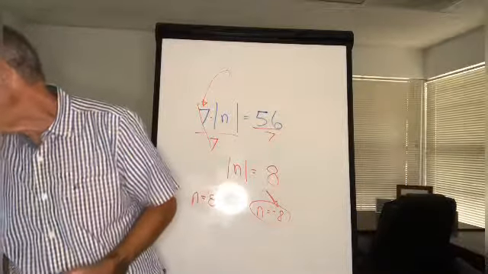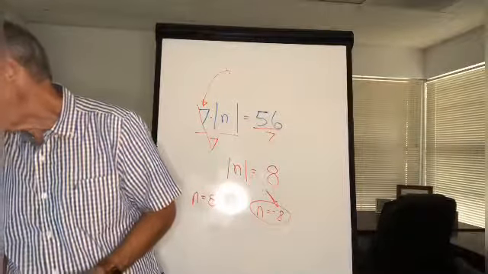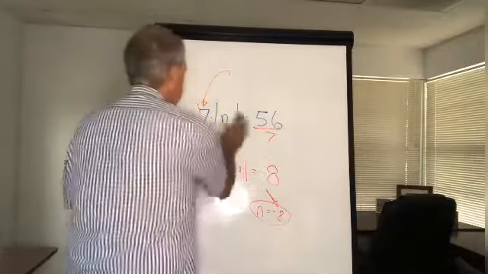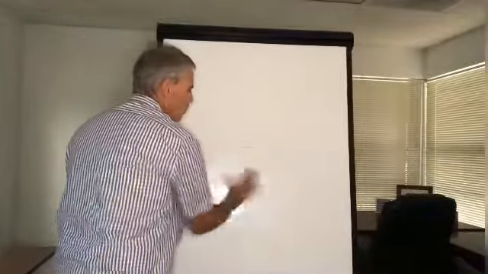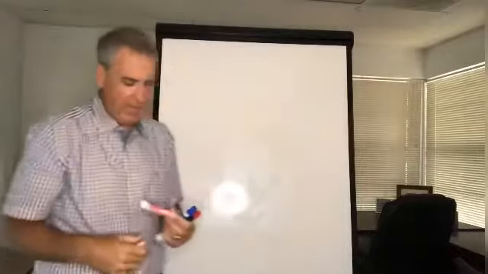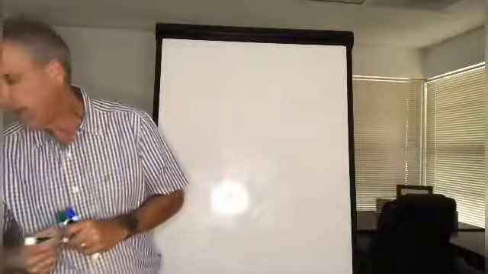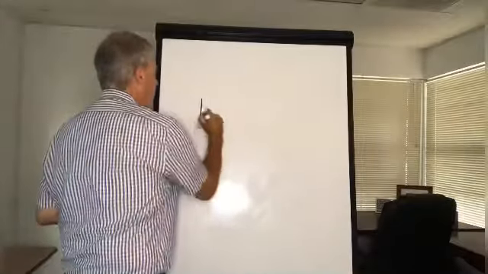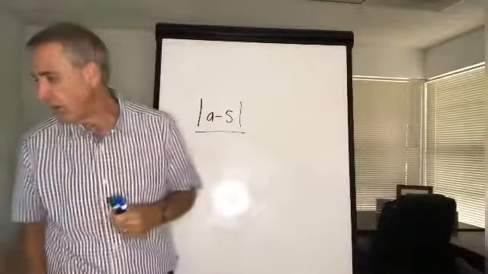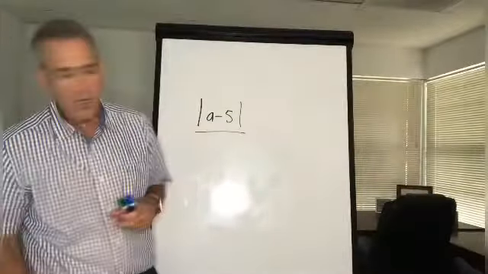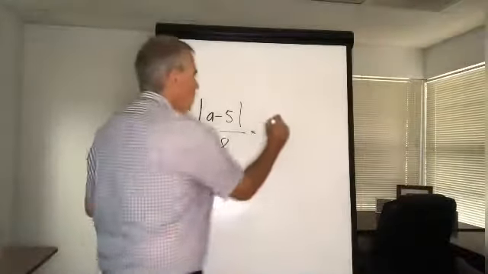Let's try number 13. We have a minus 5 up here in our numerator, also in a washing machine, over 8 equals 5.